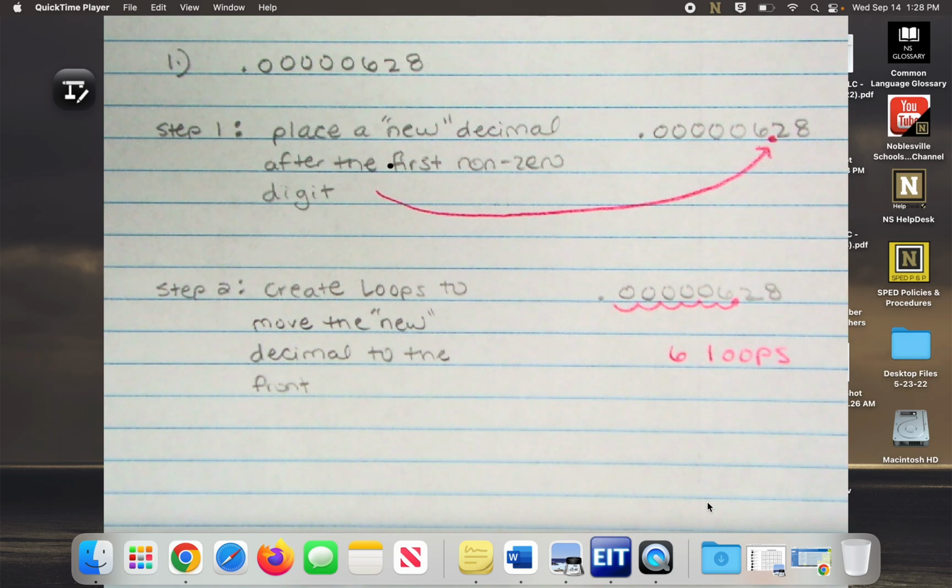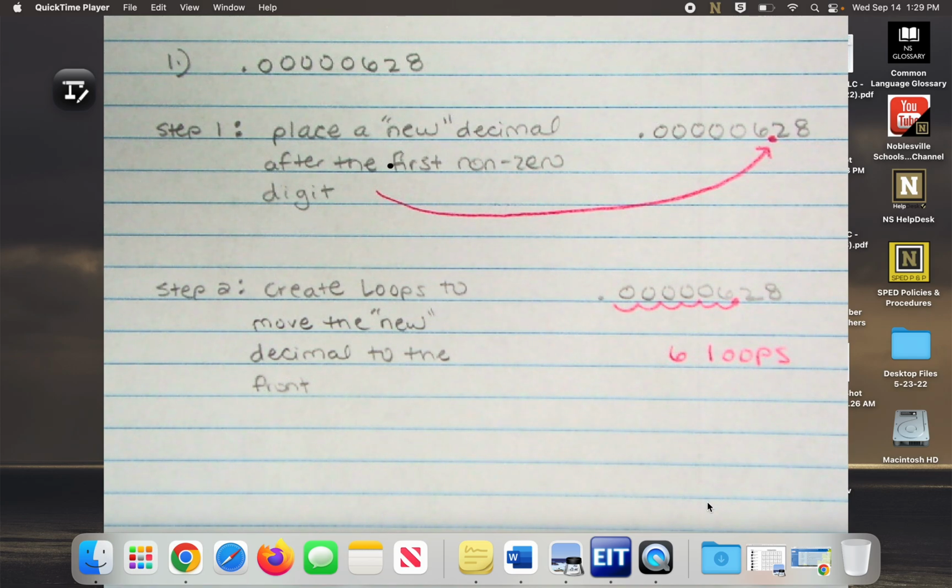Method to my madness. Okay, so I have 6 loops here. What is this going to turn into? Delaney? The exponent. However, because I moved my decimal to the left, I know that my exponent is going to be negative, right? So when you put your decimal and you move it to the left, negative exponent. Previously, we put our decimal and we shifted it to the right, positive exponent, right?